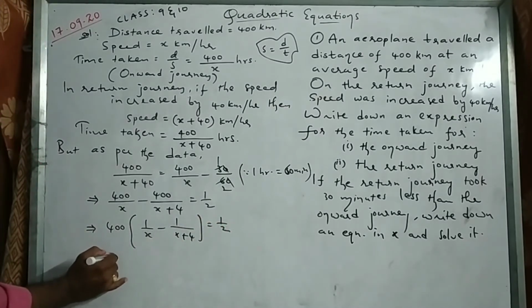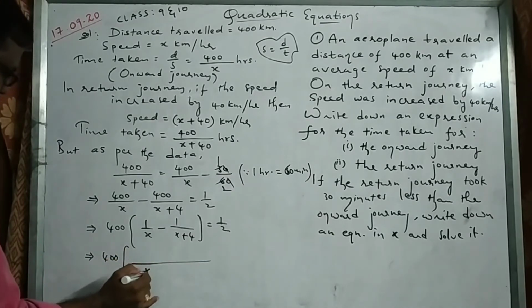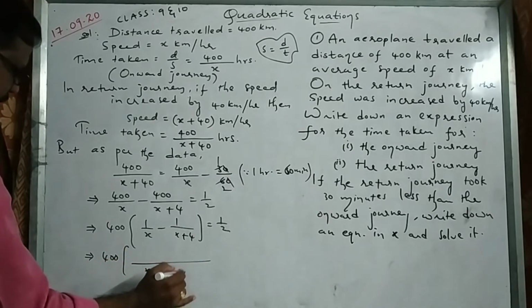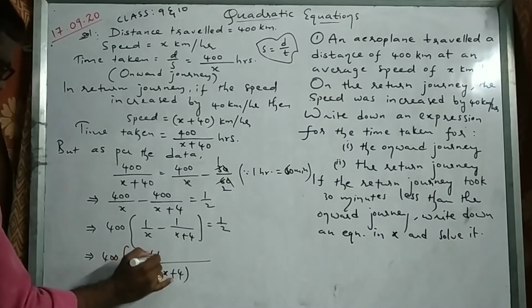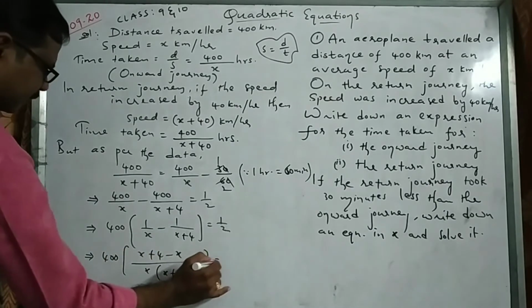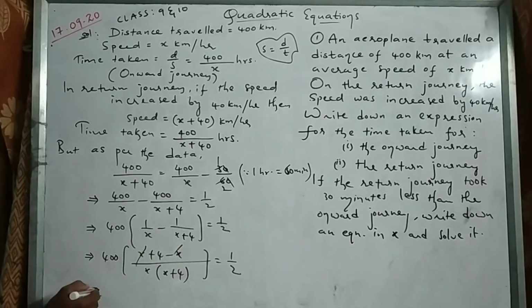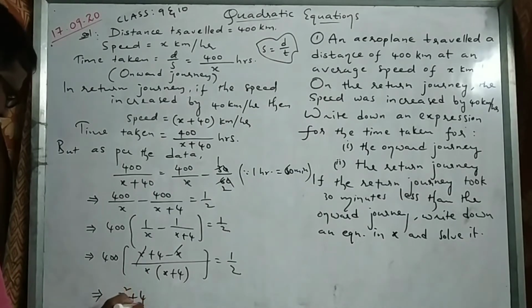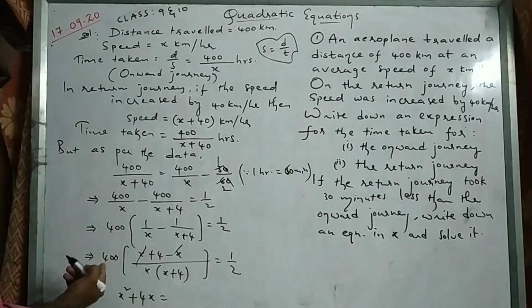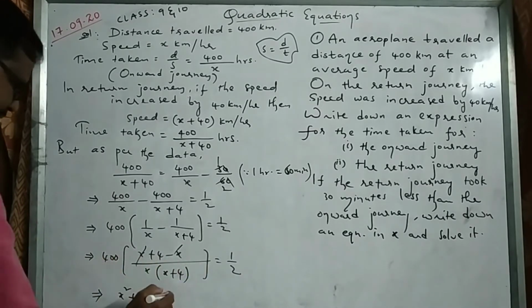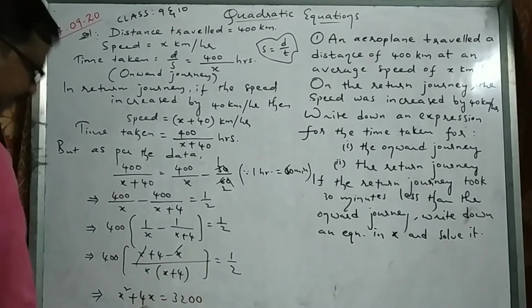Take 400 into x into x plus 4. Here you will get x plus 4 minus x, plus x minus x cancel. Right? Now x into x, x square plus 4x equal to, cross multiplication, 2 4s are 8, 8 400s are 3200.